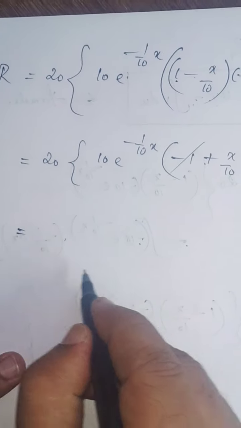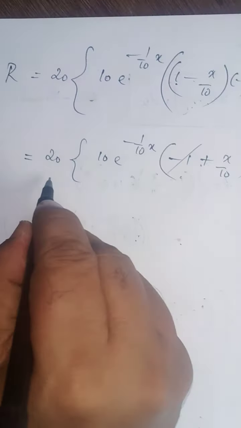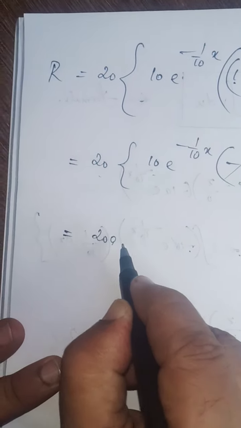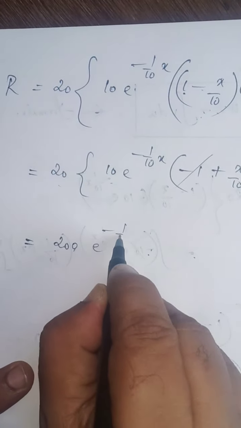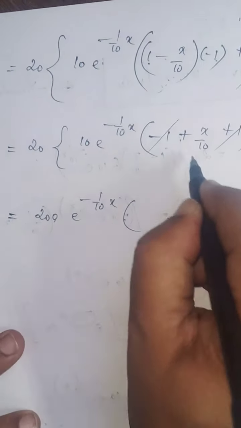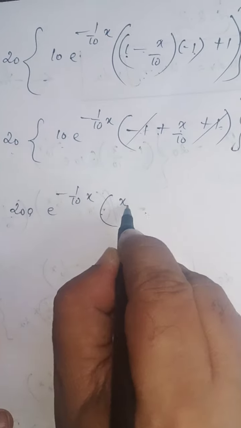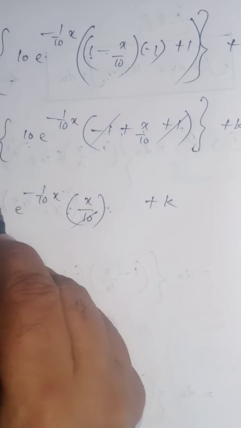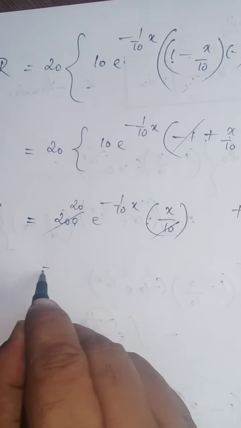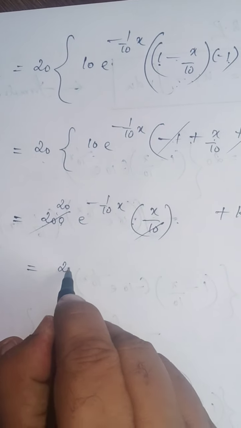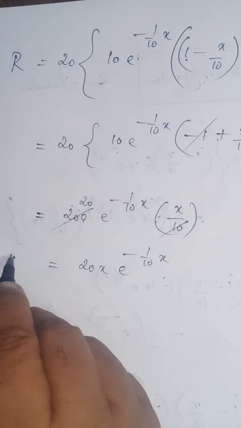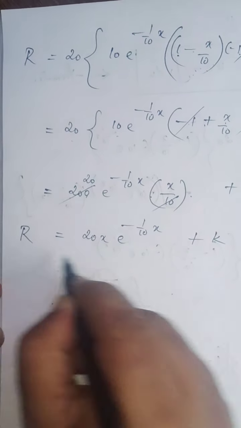That is equal to 20 into 10, that is 200 into e power minus 1 by 10 into x. These two get cancelled. Which one is left out? X by 10 plus k. 10 how many times? 20 times. So 20x into e power minus 1 by 10 into x, that is R plus k.